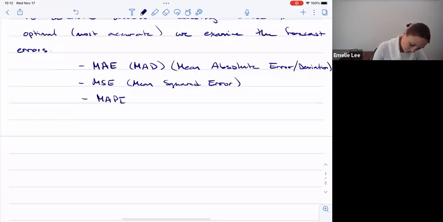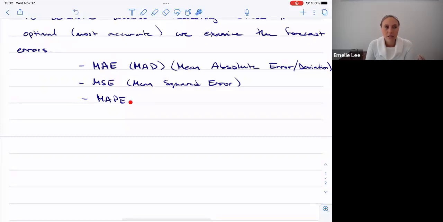And the MAPE. Remember, the problem with the MAE and the mean squared error is that they're unit dependent, right? So it depends on what the units are. And if the values are expected to be large, then of course these values will be large. That doesn't matter if you're comparing the same thing, right?